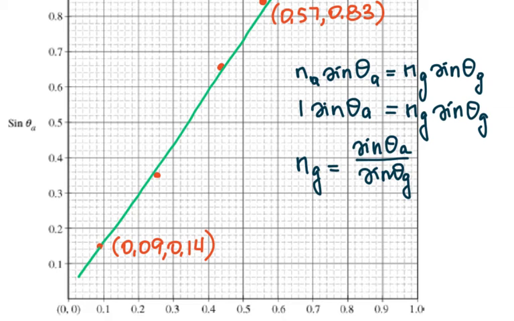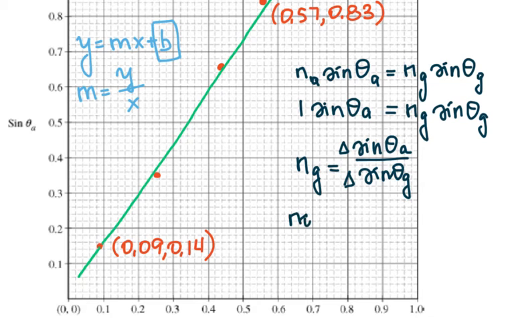And if you think about this equation, y is equal to mx plus b. If your b was equal to 0, then the slope is equal to y over x. It's the rise over the run. So I can use the same trick to calculate my index of refraction. It's the change of sine theta A over the change of sine theta G, which gives me the slope of this graph.